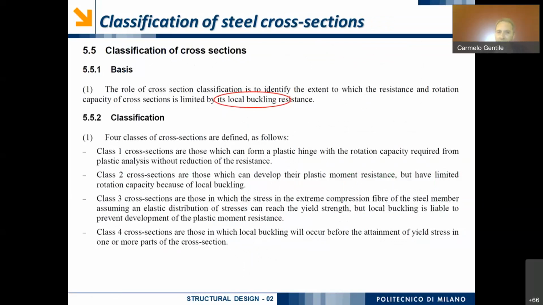When the cross-section is in class 4, I also have to introduce some penalty on the elastic interaction domain.